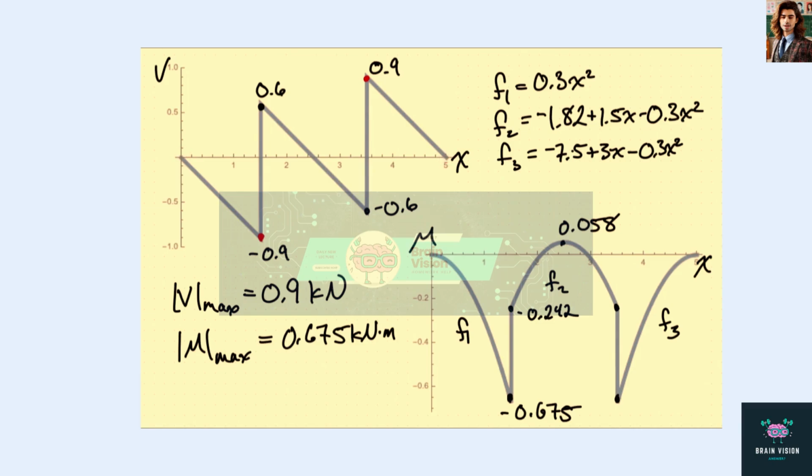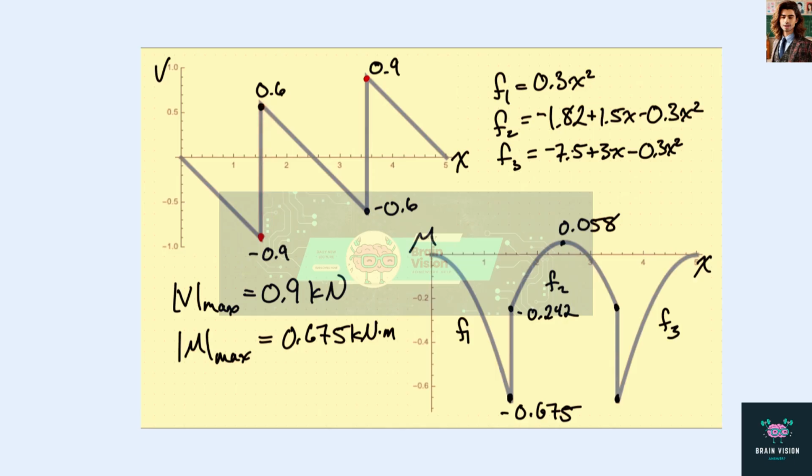And so there's a distributed load acting down, and so we have a slope on the shear diagram. We get down to minus 0.9 kilonewtons, and that's going to be our maximum magnitude, which occurs right at point F. And then we have a jump up of 1.5 kilonewtons right from that point.